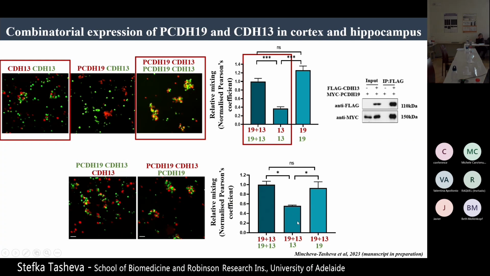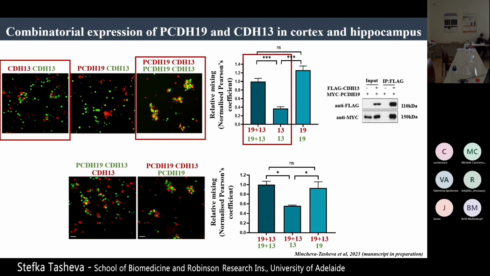So the adhesion ability of cells that express only cadherin 13 to interact with cells that express the complete code is affected. However, when you mix cells that express the complete code with cells that express only PCDH19, again, this adhesion ability is restored. And that means that PCDH19, again, plays a very different role in a specific combinatorial code.